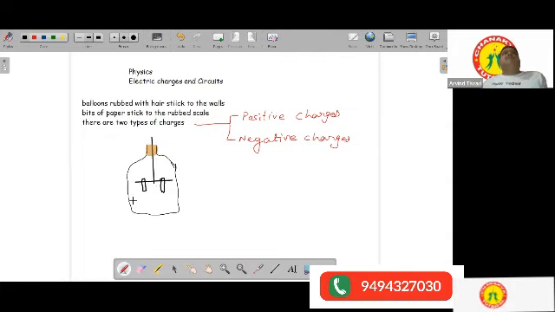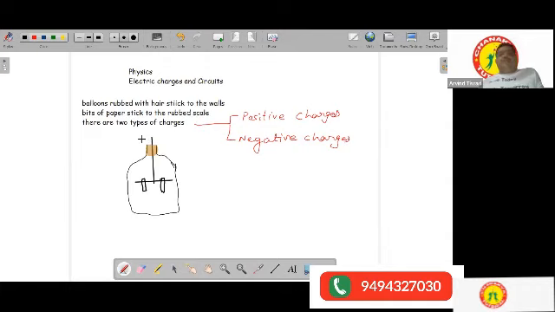So you have these two blades hanging from here.